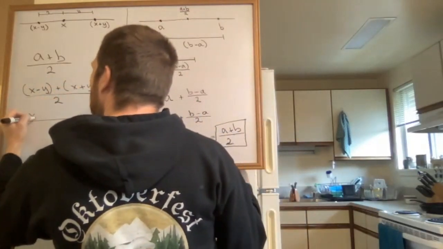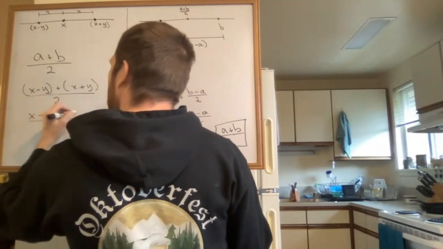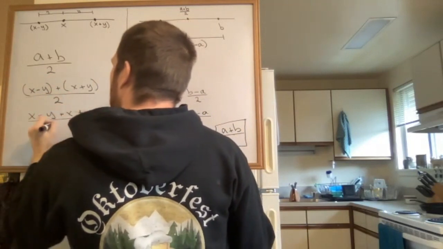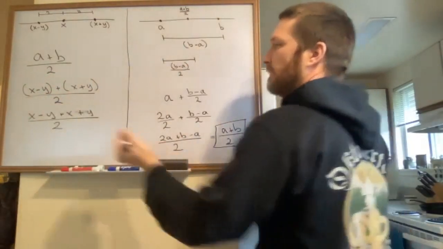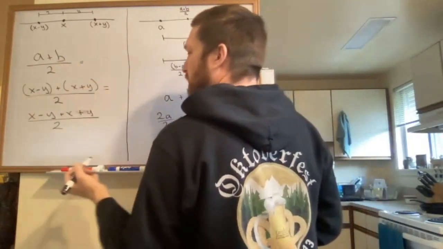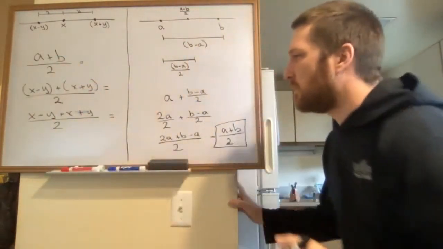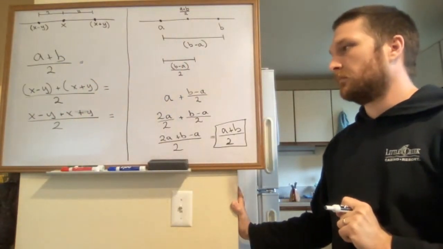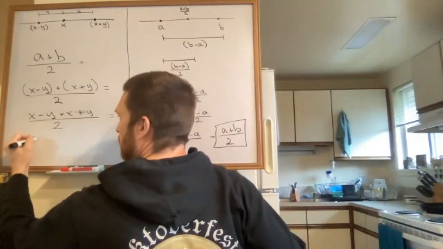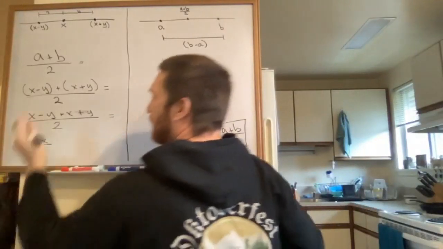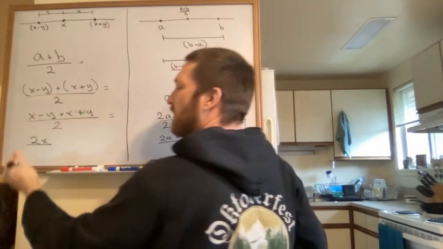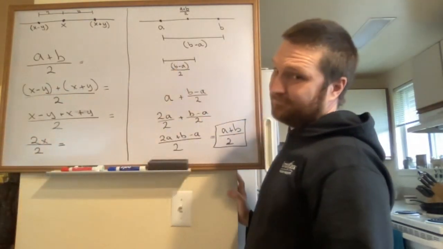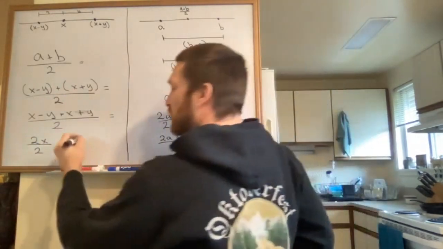How can we simplify this numerator? You just have 2x over 2, because the plus y and the minus y cancel. You have 2 x's over 2, which does indeed equal just x, just like we expect.